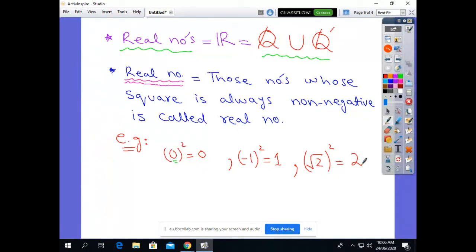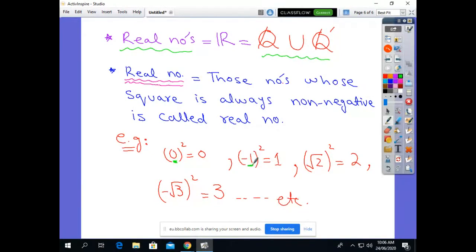Similarly, if we take the square of negative square root 3, it again comes out as the non-negative number 3. Therefore, negative square root 3 is also a real number, etc. We take the square of 0, so 0 is a real number.